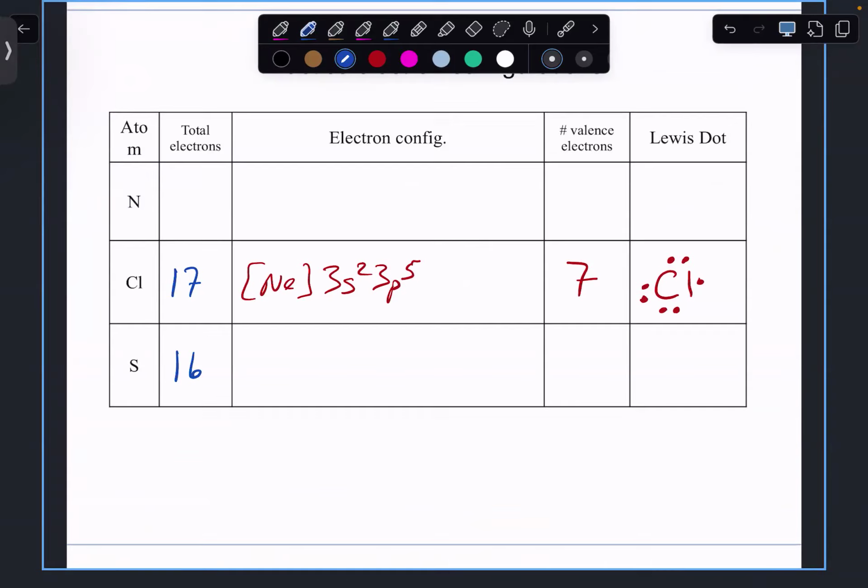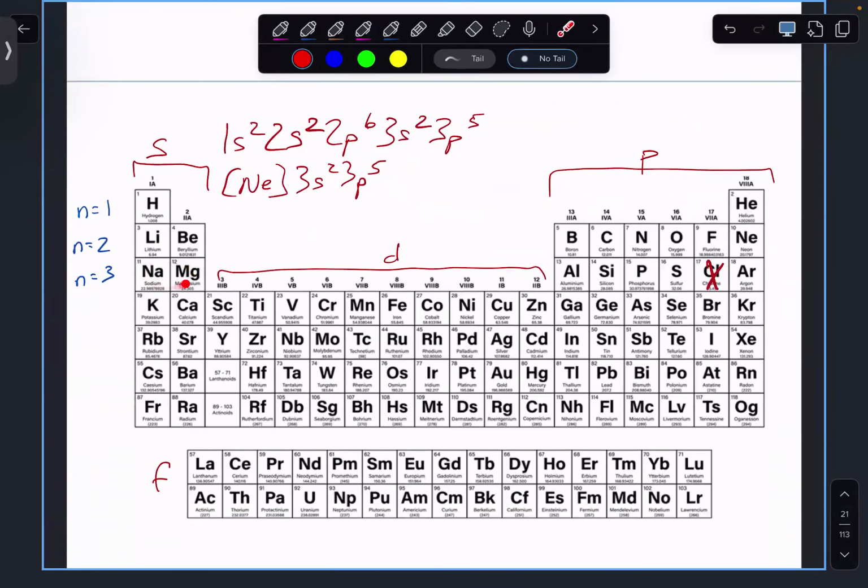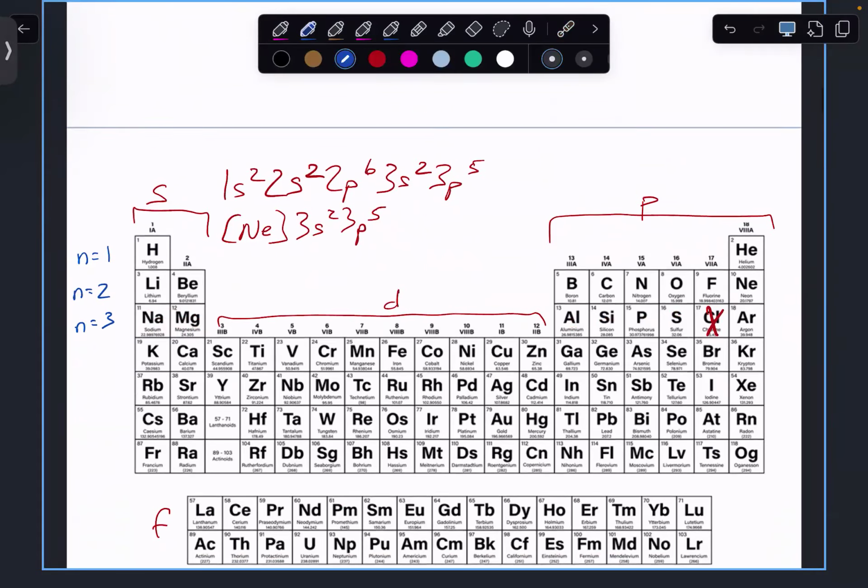All right, so sulfur, 16 electrons, we've got to find a home for. It's in the third principal electronic shell, so that means the previous noble gas is also going to be neon. So we've got 3s2, that takes care of sodium and magnesium, and then in the p, we go to 3p, 1, 2, 3, 4. That's a 3p4.